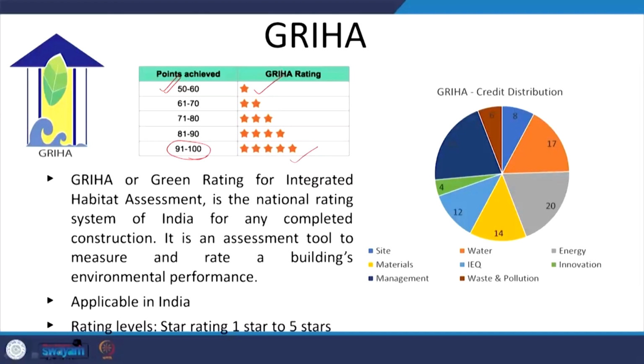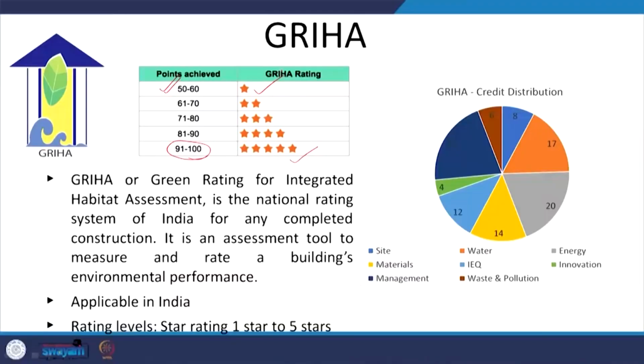GRIHA is very much suited for the Indian context because it emphasizes the local needs of our country. We see that there is a focus on energy, but more than energy, we have a larger focus on management, where some of the indicators which are not discussed in any other rating program are seen.